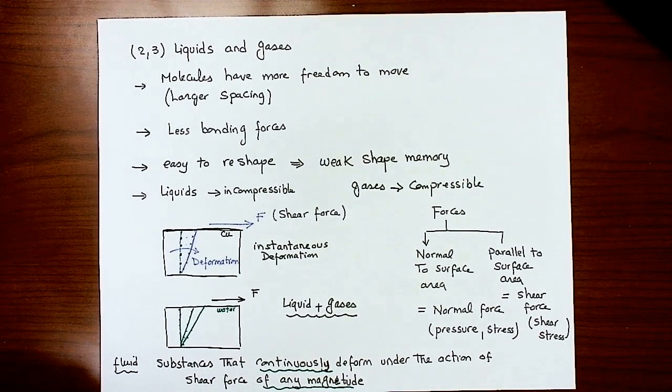So in a short summary here, after knowing the definition of a fluid, these are the materials that can continuously deform under the action of shear force of any magnitude. Fluids are simply the liquids and gases that exist. So any liquid or any gas is defined as a fluid.